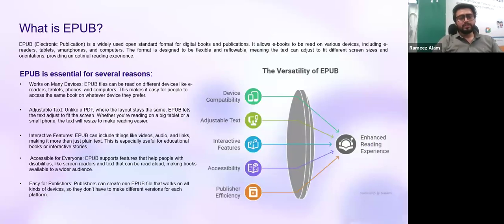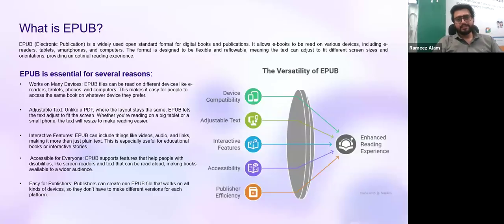Now, what is EPUB? EPUB is an electronic publication. It is a widely used, often standard format for digital books and publications. It allows ebooks to be read on various devices, including e-readers, tablets, smartphones, computers, and so on.